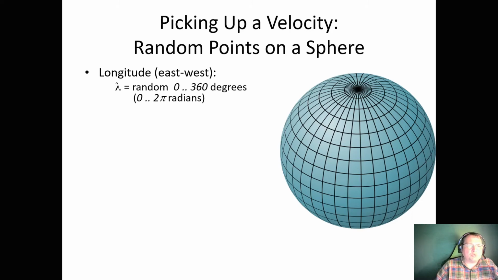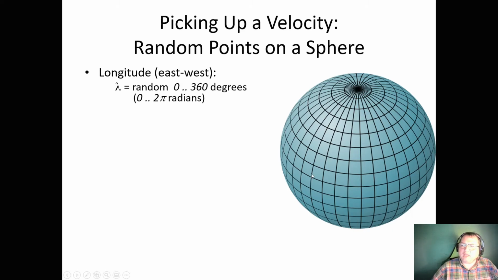Because we are using math functions in the math.h library, which uses radians rather than degrees, we will be looking for a random value in the range between 0 and 2 pi, and this will cover the east-west direction.